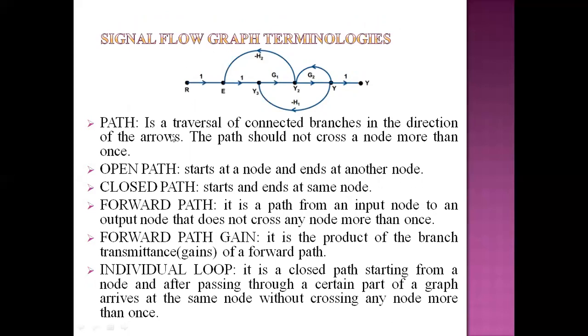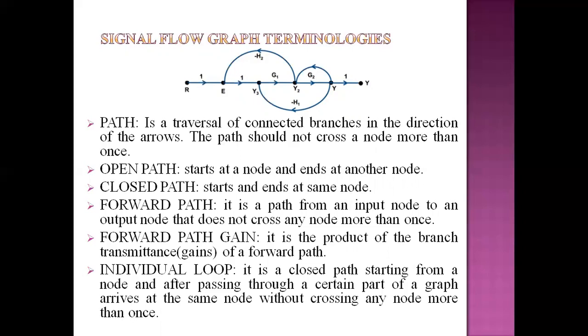Then, what is a path? Path is a traversal of connected branches in the direction of the arrows. The path should not cross a node more than once. Open path starts at a node and ends at another node. Closed path starts and ends at the same node. Forward path is a path from an input node to an output node that does not cross any node more than once.